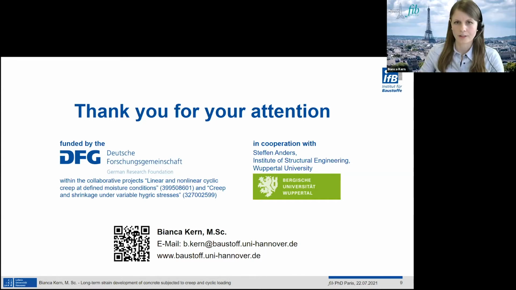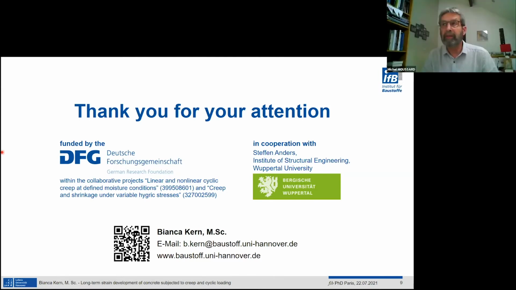I'm not quite sure if I got it right. So the application for structures? Yes, to try to explain why we were observing on some structures deformations that were much larger than what our computation would have indicated.